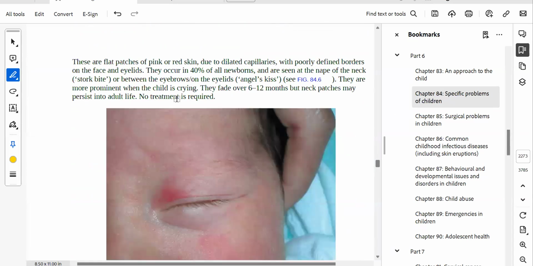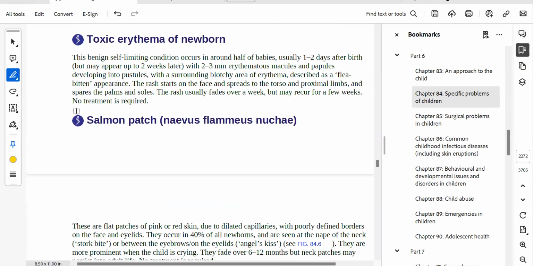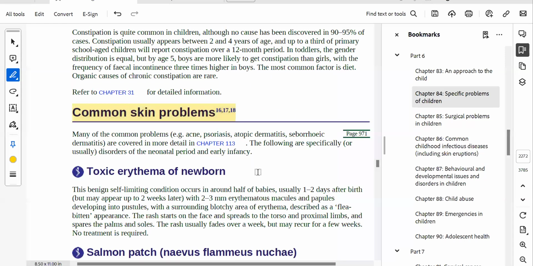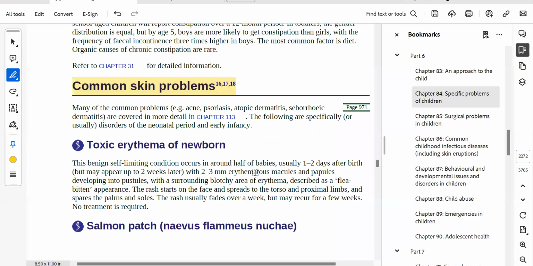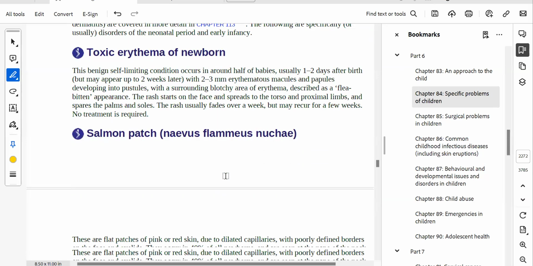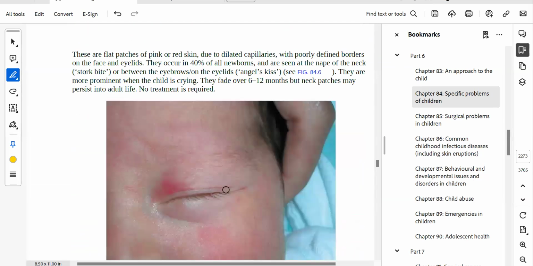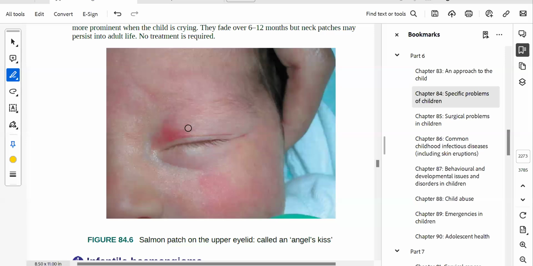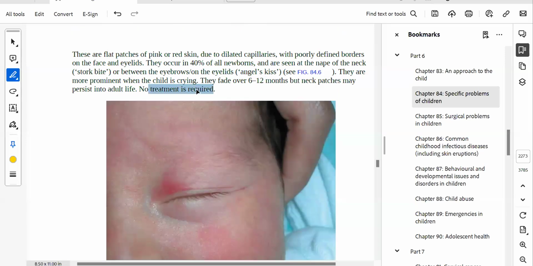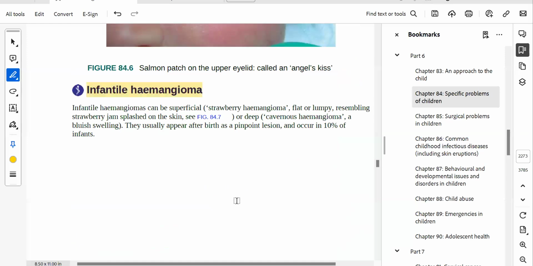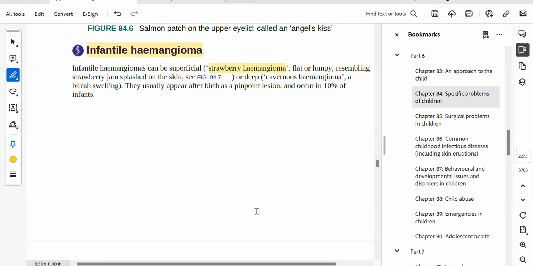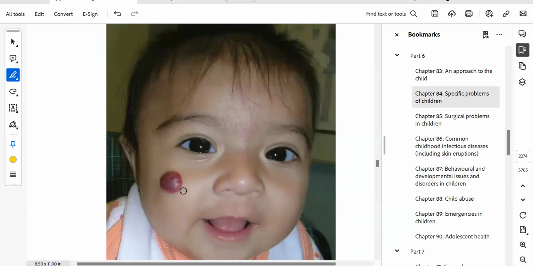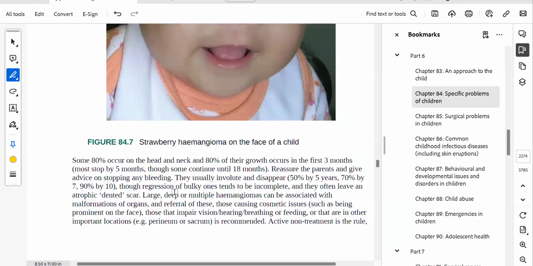Okay, so in a specific problem of children, there are some common skin problem that it's not super important, but it's not a bad idea just to have a look on some of the pictures and know what it is. Like salmon patch, it looks like this in children. Nothing you need to do, it will get better within 6 to 12 months. Infantile hemangioma, which is also known as strawberry hemangioma, it looks like this.